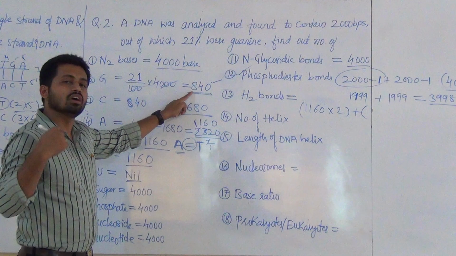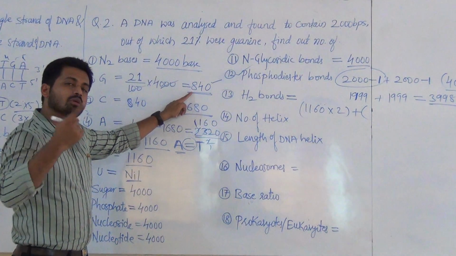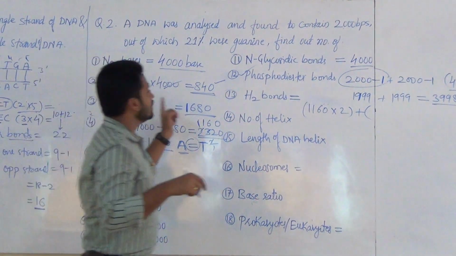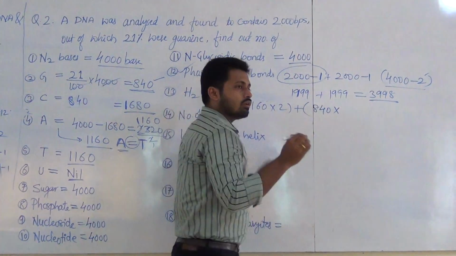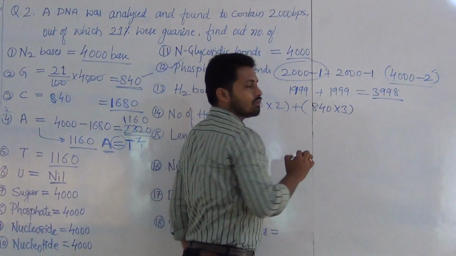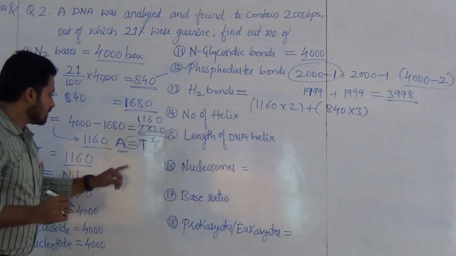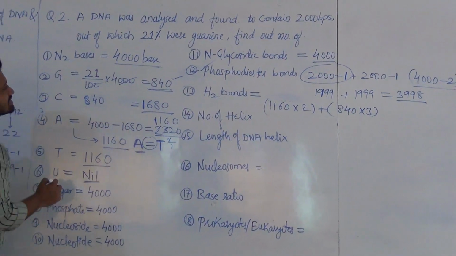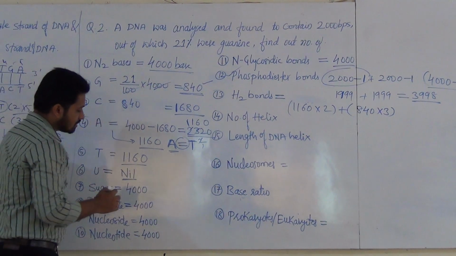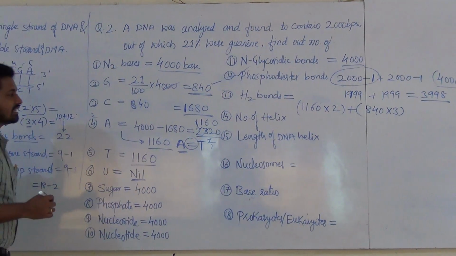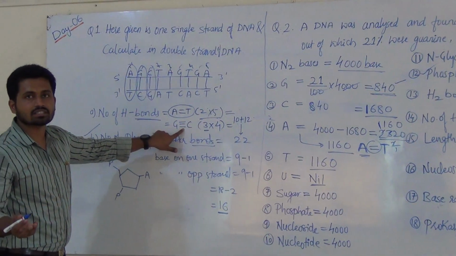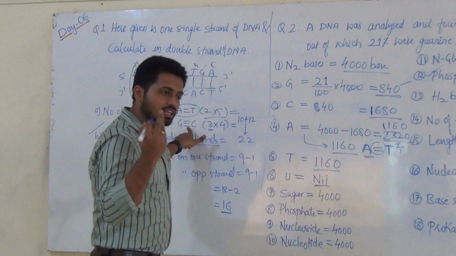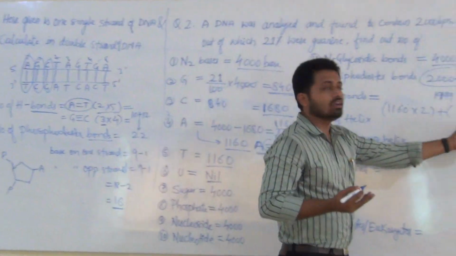That is number of base pairs formed by the combination of guanine and cytosine. It will be 840 into what will we write here? 3. Why? Guanine and cytosine, how many hydrogen bonds are there? Here I wrote 3. You know already it when you are studying the structure of DNA. Hence we wrote here into 3.